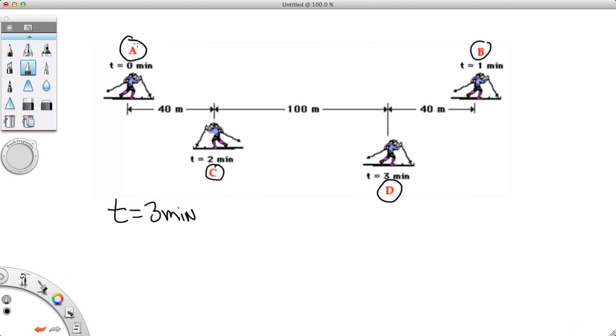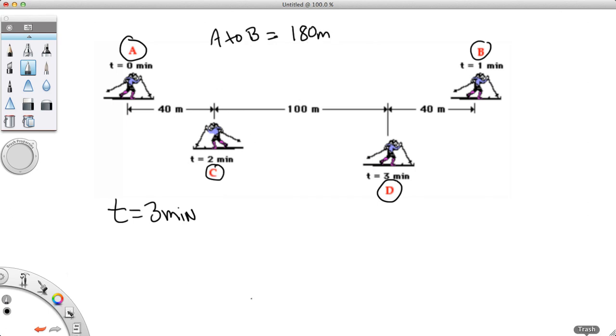Okay, so let's run over this problem together. As the cross-country skier goes from A to B, they have traveled 40 meters plus 100 meters plus 40 meters. So from A to B, that's 180 meters.